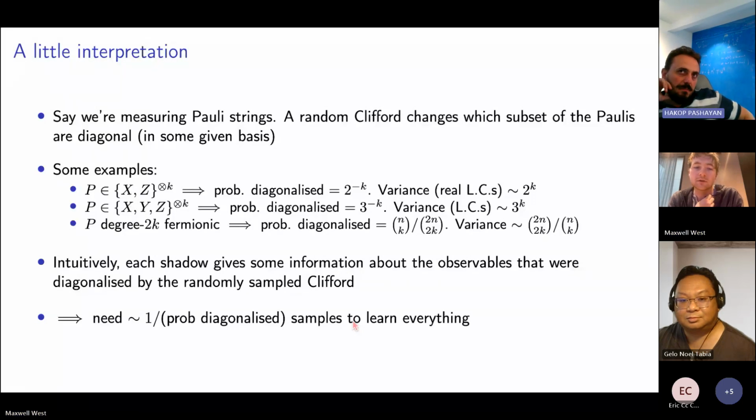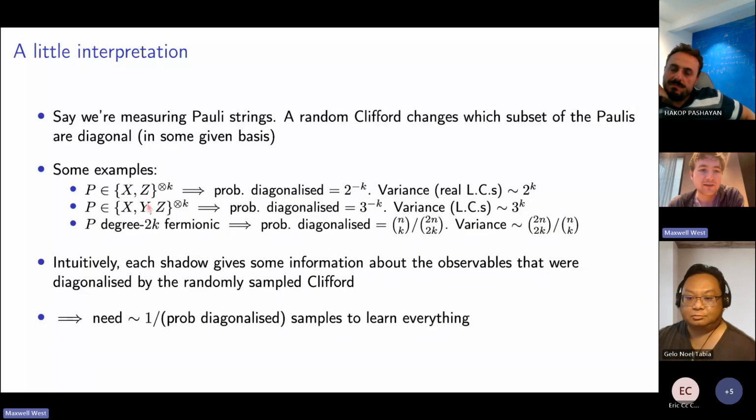And maybe a motivation question as well. Have you guys thought about settings or applications where this is useful? Yes, so I forget, maybe I mentioned it briefly. I think Marco Cerezo at some point mentioned that he's aware of some Hamiltonians or condensed matter systems where these are the strings that you do care about.